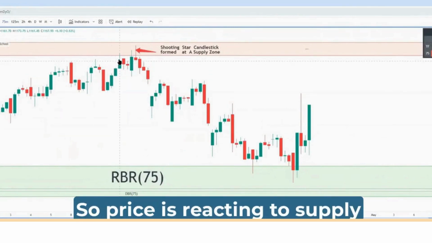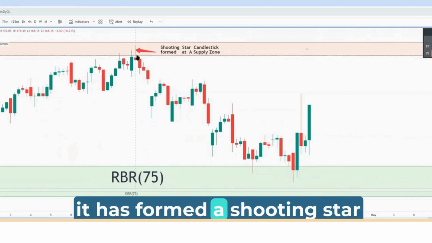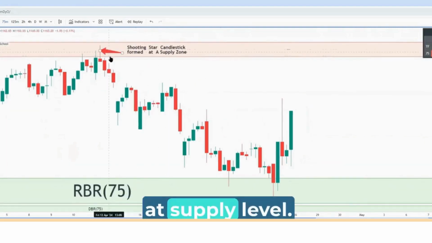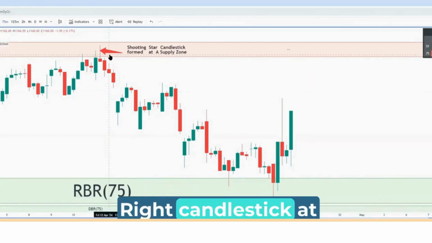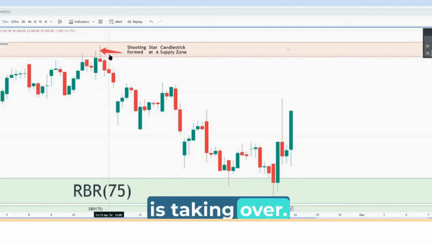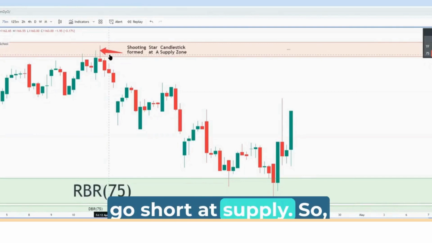So price is reacting to supply, and on the reaction it has formed a shooting star formation over here, which is marked here, shooting star candlestick at supply level. So this can be a confirmatory tool, right candlestick at the right location, indicating that now supply is taking over. So this could be used as a confirmation technique to go short at supply.